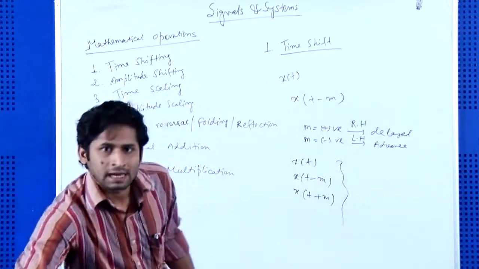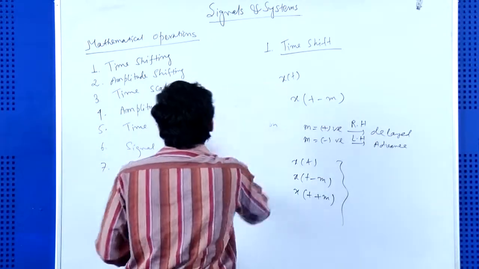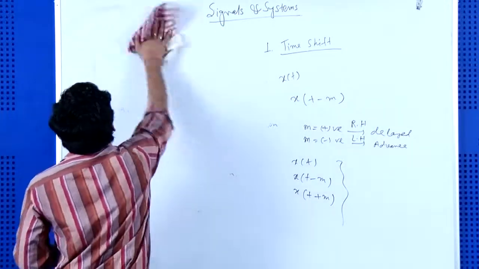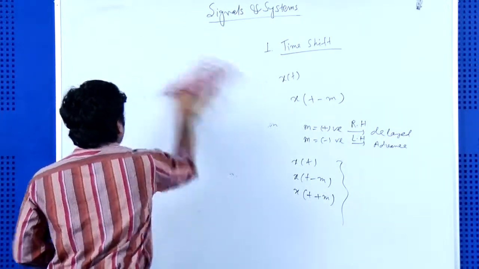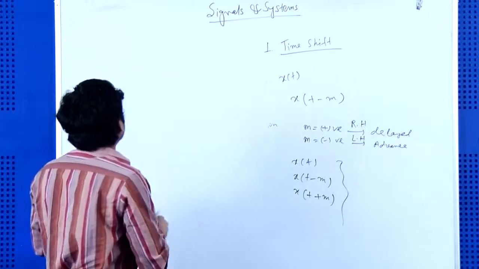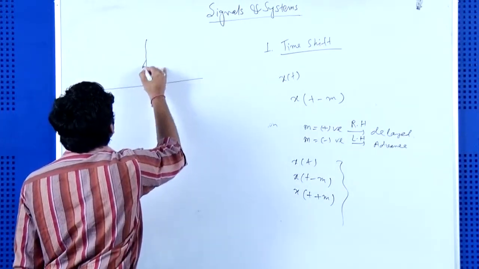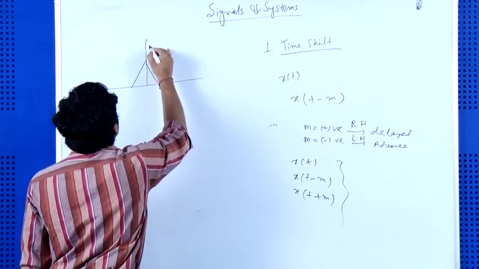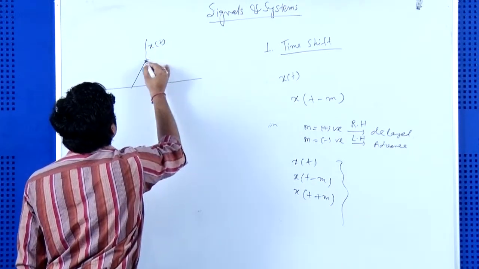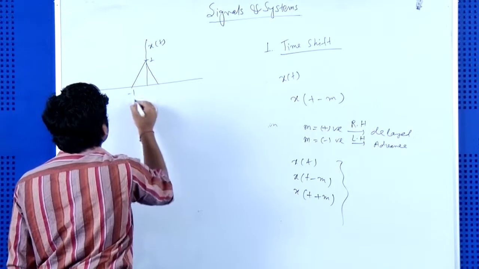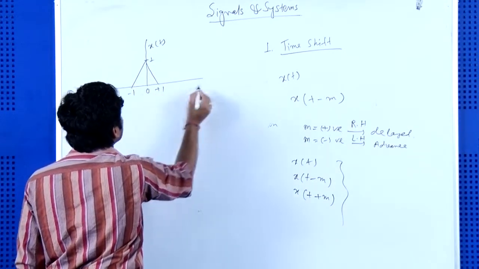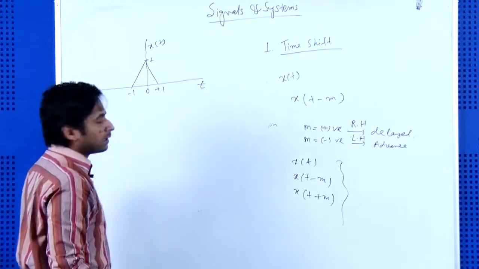Let us consider one example. Let x(t) be a signal, with amplitude 1, minus 1, plus 1, t equal to 0, this is the time axis.